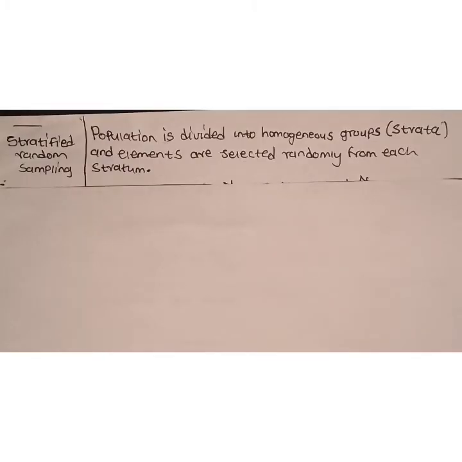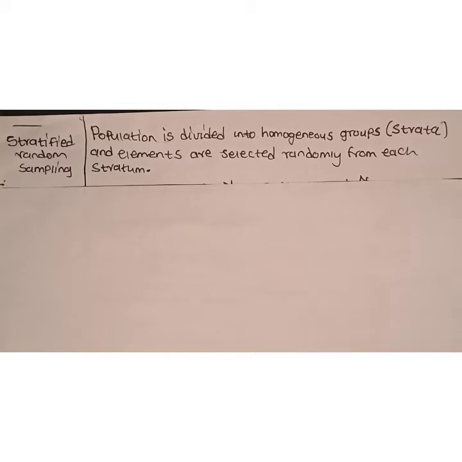Under stratified random sampling, the population is divided into homogeneous groups called strata, and elements are selected randomly from each stratum. To indicate this clearly by an example, suppose you are given a population with a size of 180 and you are to select a sample size of 60, given that the population size for stratum 1 is 30, for stratum 2 is 60, and for stratum 3 is 90.